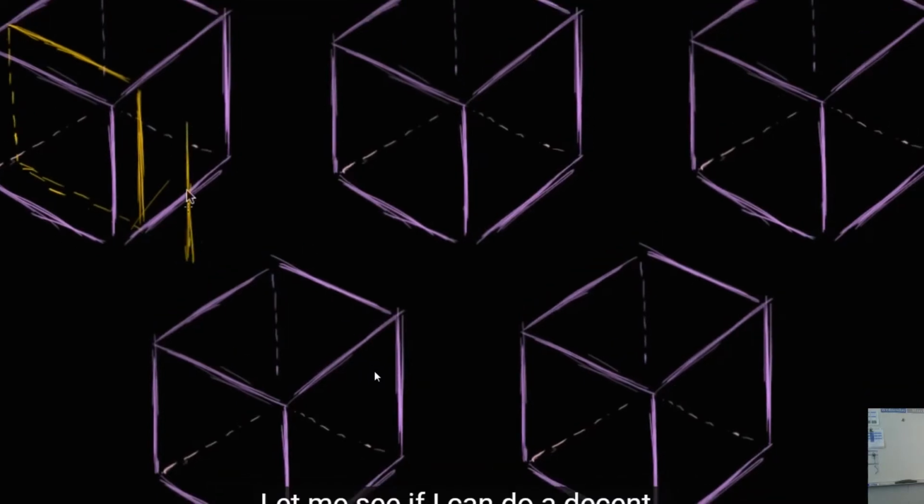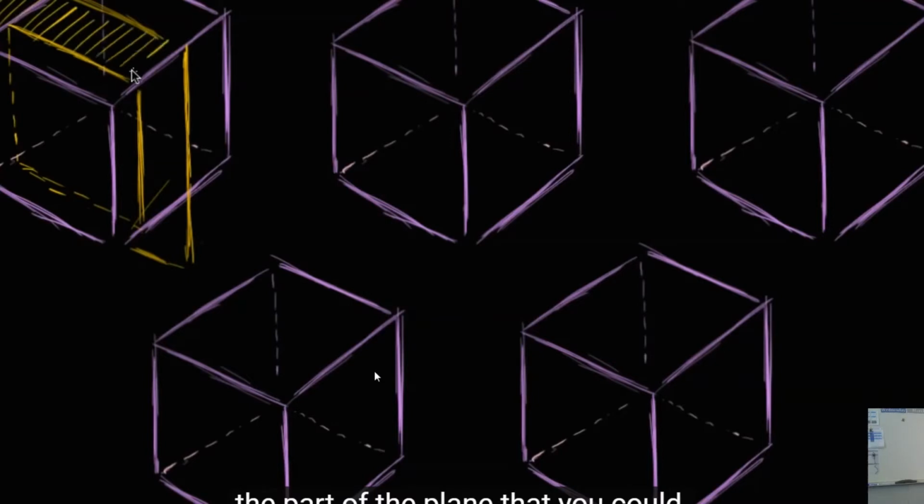Let me see if I can do an adequate job of drawing the part of the plane that is cutting this cube. It could look something like this. And I can even color in the part of the plane that you could actually see if the cube were opaque, if you couldn't see through it.